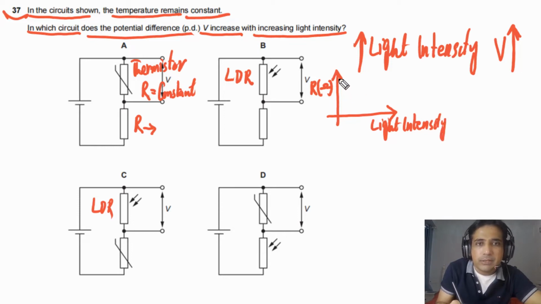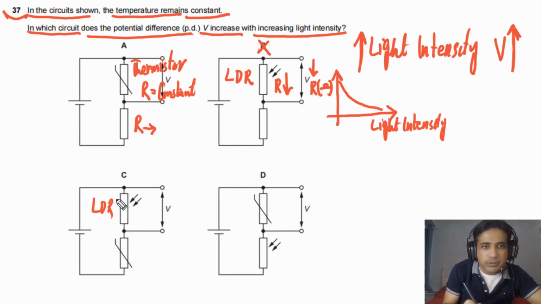The shape of the graph is like this. As the light intensity is increasing, the resistance of the LDR is decreasing. So if the resistance of the LDR decreases, this potential difference also will decrease. So this is also not a possible answer.